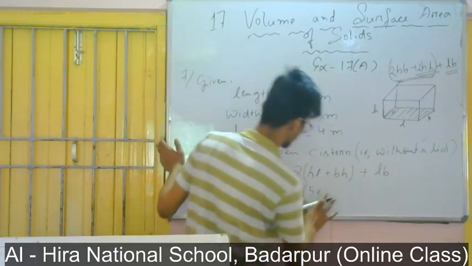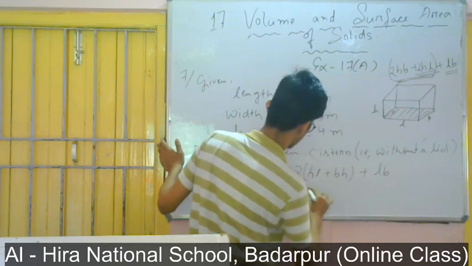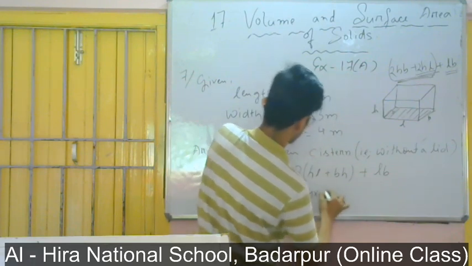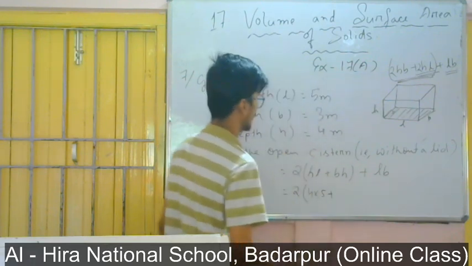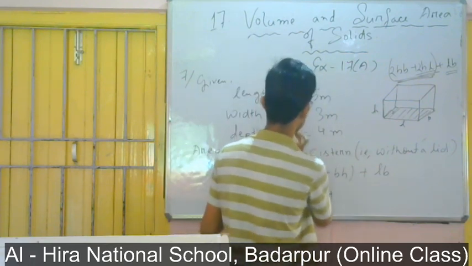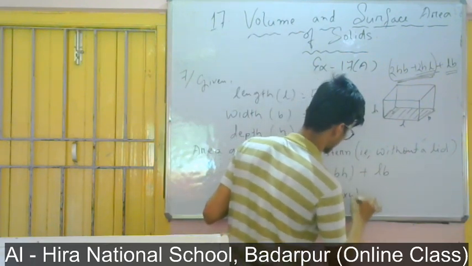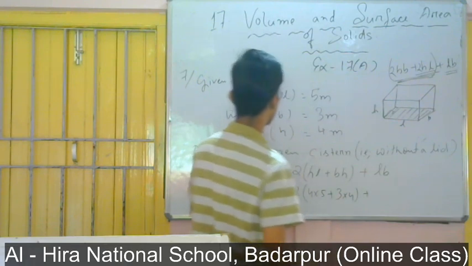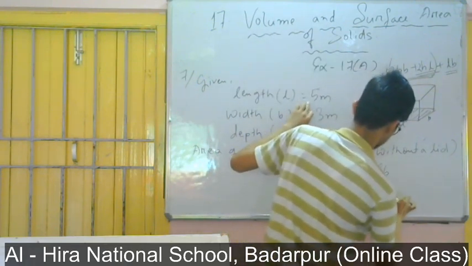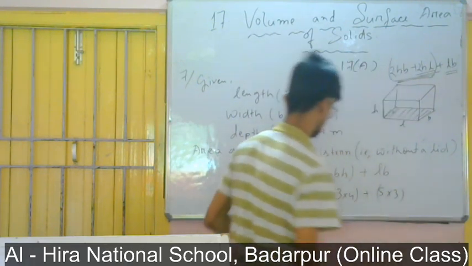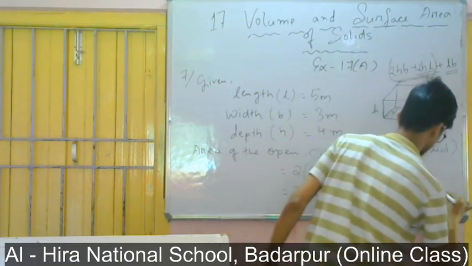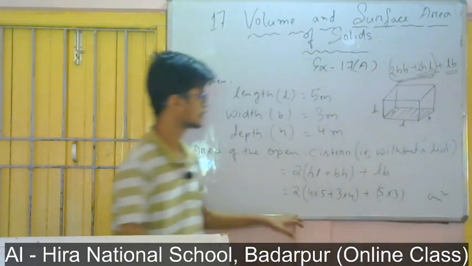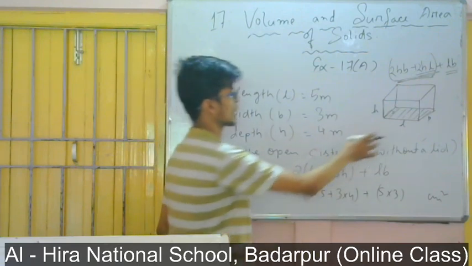So H is given here 4 plus 5, and BH, you see BH, it is 3 into 4 plus LB, it is 5 into 3, and unit will be cm square. Again I am doing, earlier it was little confusing, so now I have drawn the diagram.